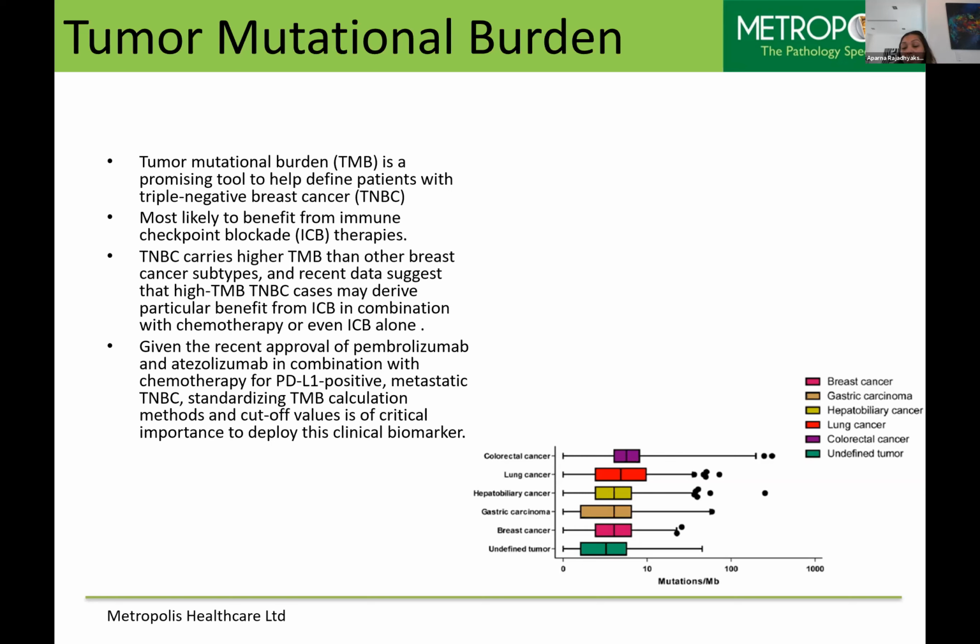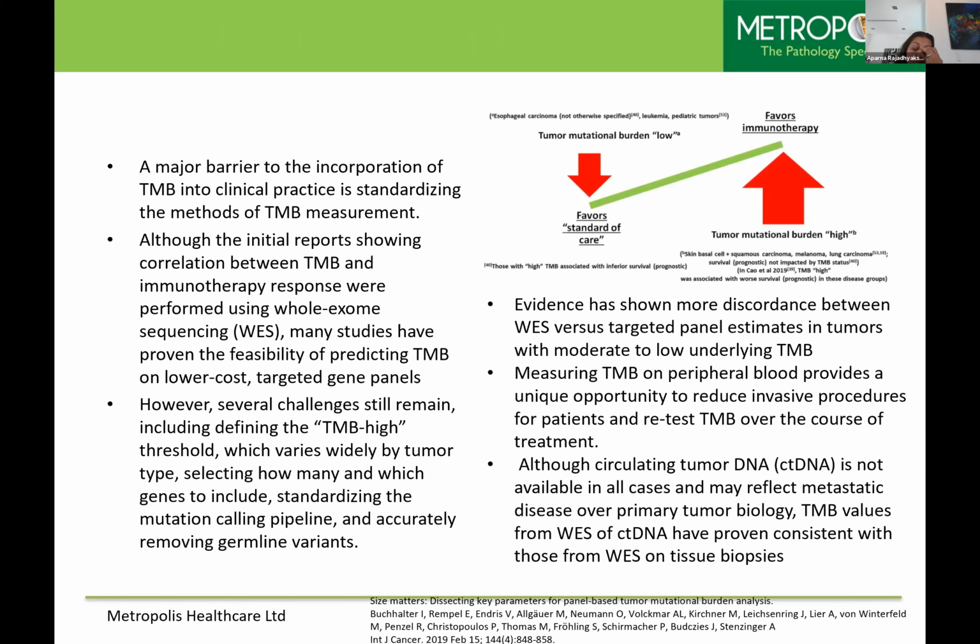This needs to be taken with a grain of salt, because some labs do tumor mutational burden on just a specific panel of genes, and some companies do it on the whole exome, meaning looking at all the genes. So there's definitely a discordance between whole exome and tumor mutational burden on specific panels.